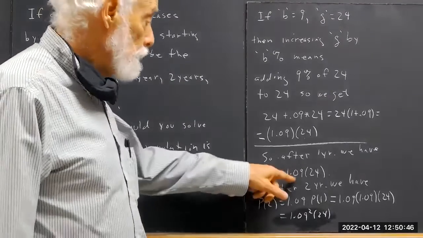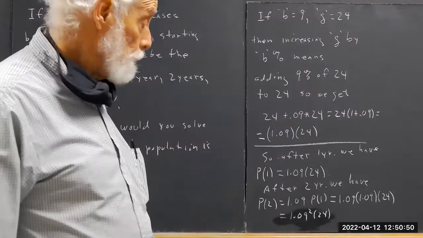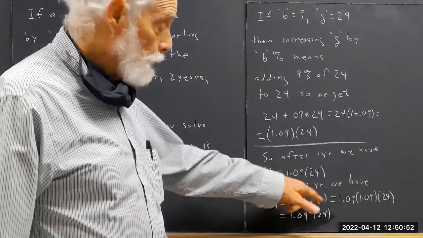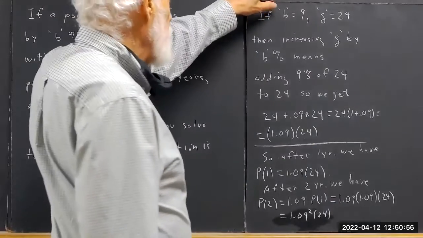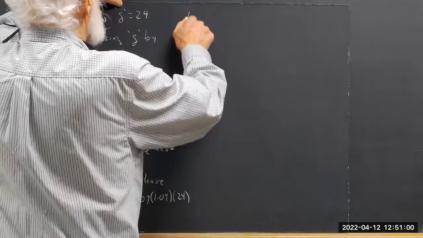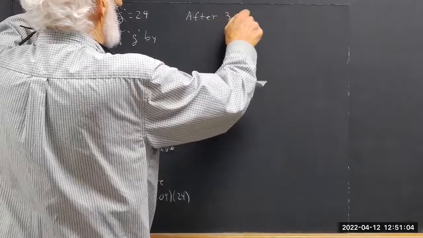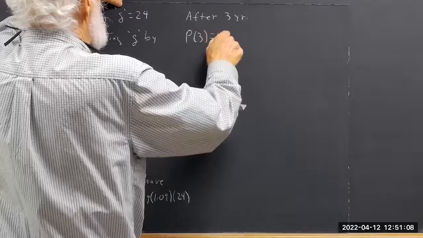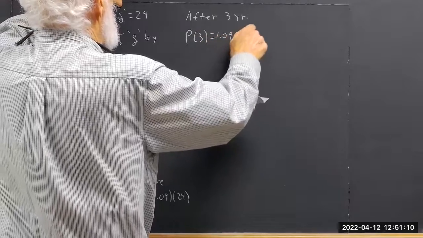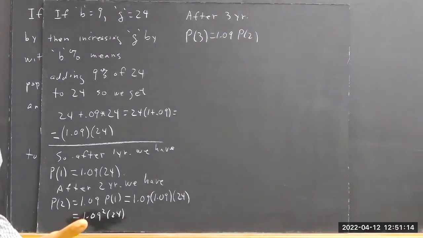Well, so after 1 year, we have 1.09 to the first power times 24. After 2 years, 1.09 squared times 24. Okay, I didn't ask you to calculate it, but after 3 years, well, P of 3 is 1.09 times P of 2, right?